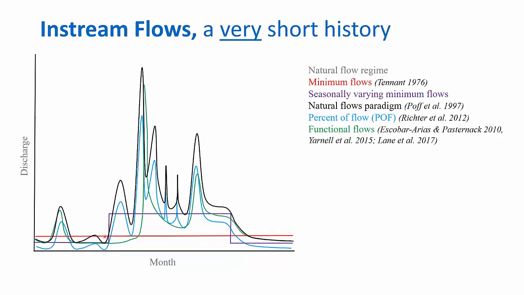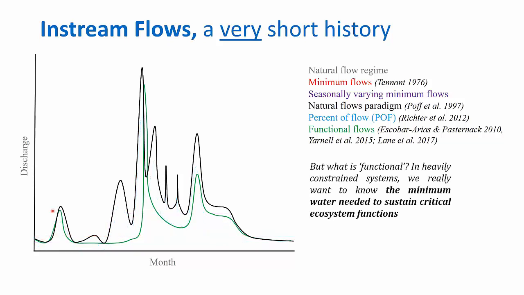And then, also along those years, in 2010, came the concept of functional flows. These are flows that mimic certain aspects of the natural flow and try to address specific functions for the river: the first fall flush, or first rainy storm event to flush quality, some large floods to move sediment and provide cues for migration, and a good transition between the wet season and the dry season.